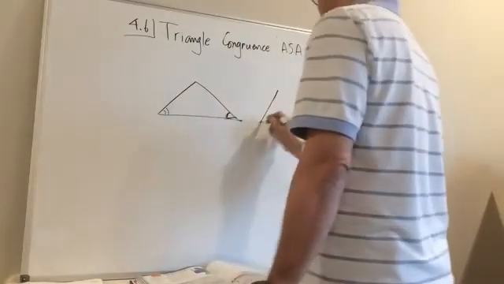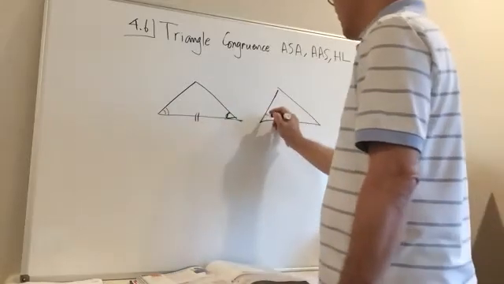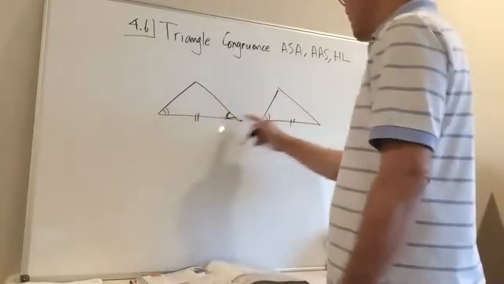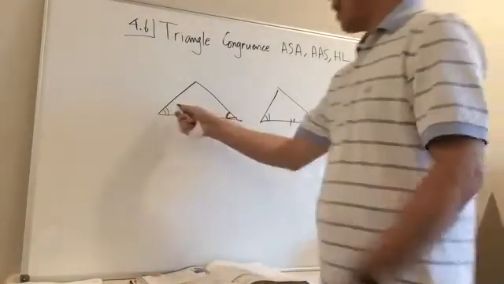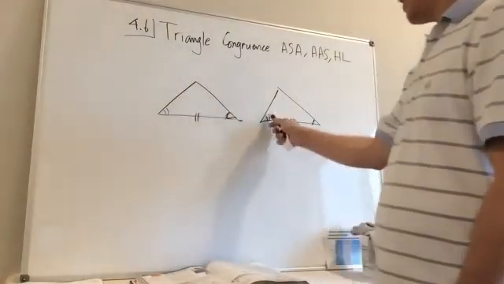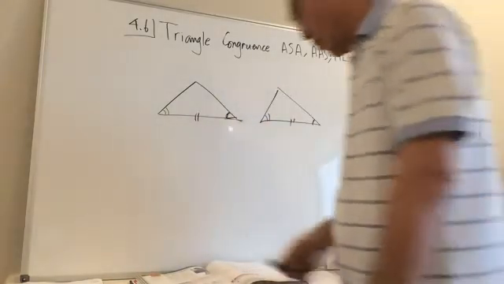So if I had another angle that looks like this, and I can prove that this side and this side, this angle and this angle, are congruent, I would have angle-side-angle, angle-side-angle, and the two triangles would be congruent. That's what they're saying there.